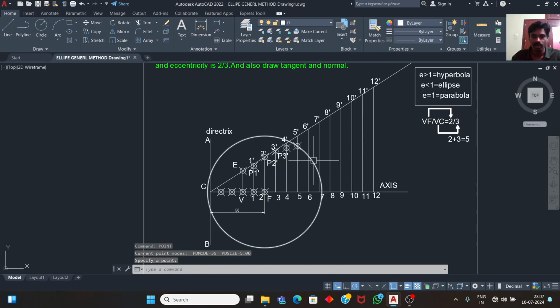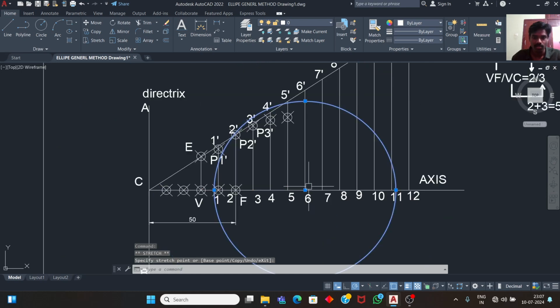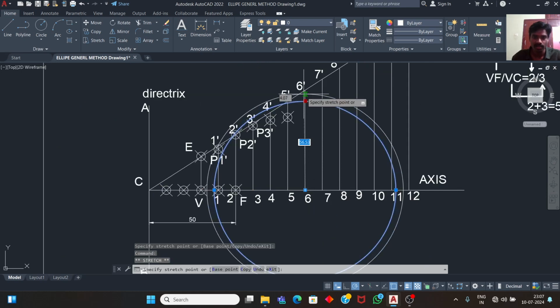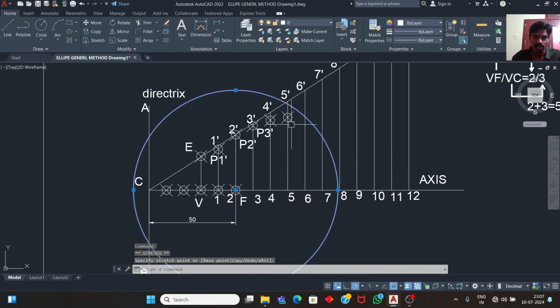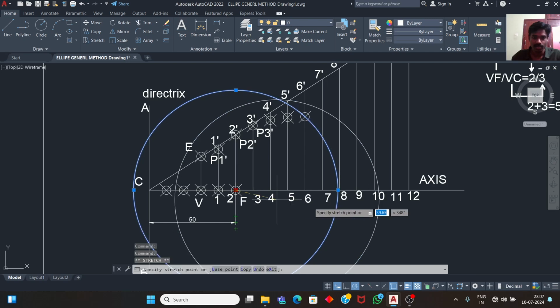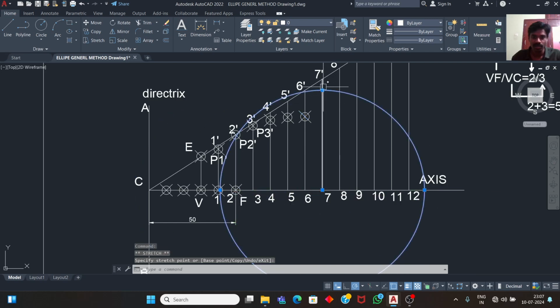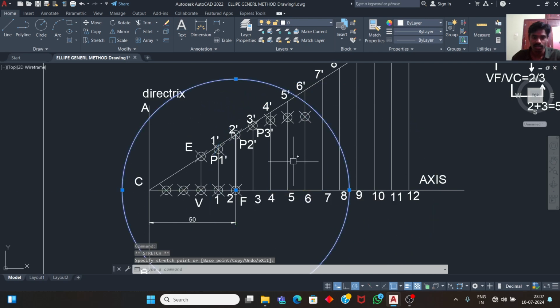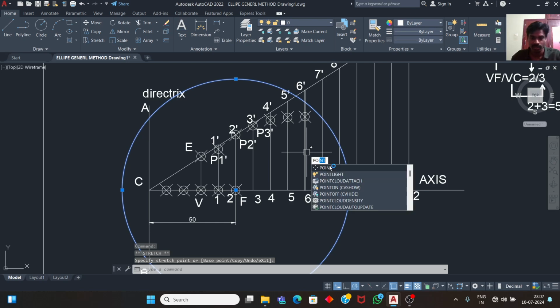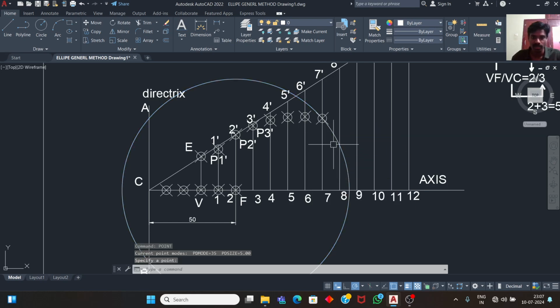And 6 to 6 dash as the radius, F as the center. Locate a point on the sixth line. And similar manner, 7 to 7 dash as the radius, F as the center. Locate a point on the seventh line.